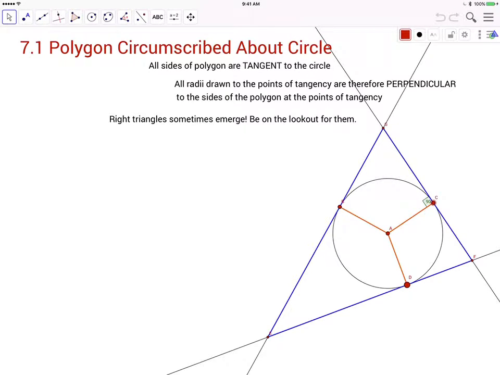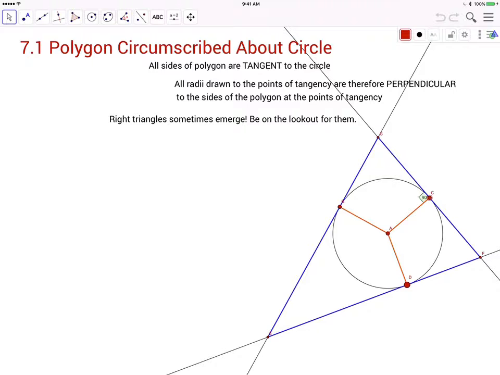But for our purposes, the polygon being circumscribed about the circle will result in these 90-degree angles right here, which is really helpful since we've spent a good deal of time talking about right triangles. And there are some right triangles in here, and there's a question after this video about that.